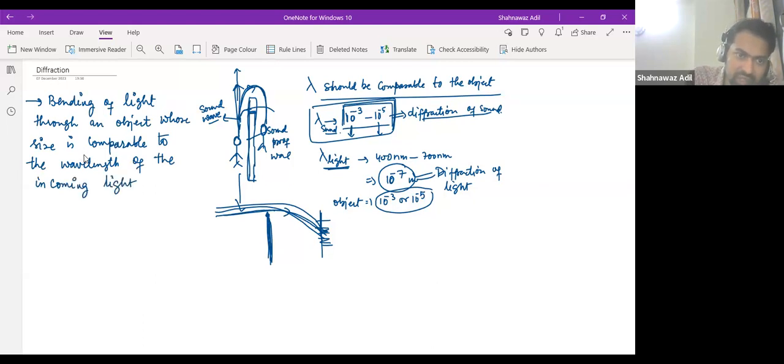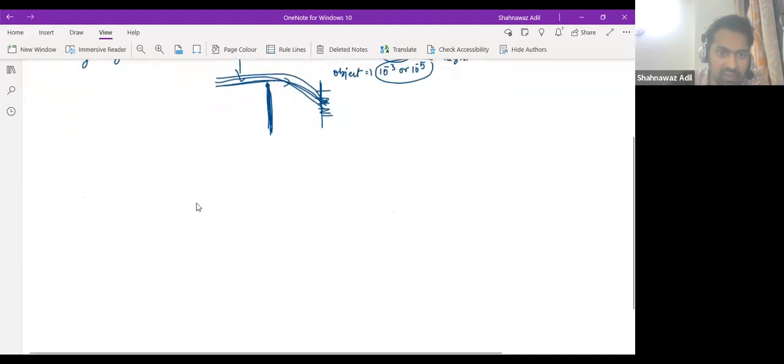This is a very crucial condition. In our daily life we see reflection, but we don't see diffraction, because the size of objects in our daily life is not comparable to the wavelength of the light. That is the definition of diffraction.